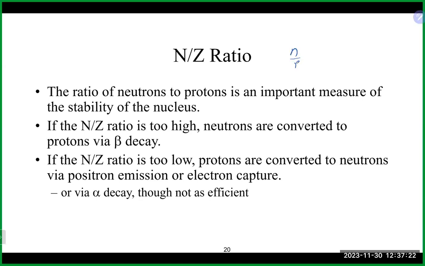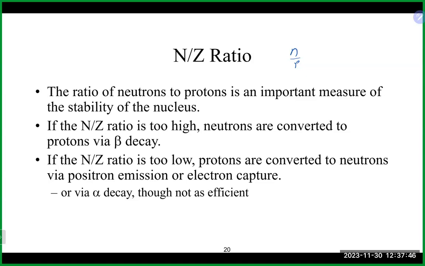Whether the ratio of neutrons to protons is too high or too low is really important in terms of stability. If that ratio is too high, it needs to come back down. The way it does that is it will convert some neutrons into protons via a beta decay process.